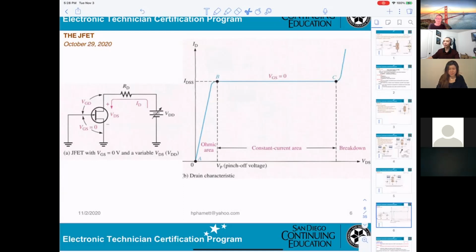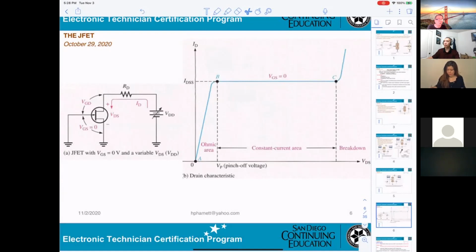Exactly. IDSS is your maximum current at VGS equals 0, where the gate and source are shorted. Normally they give you IDSS in the data sheet.